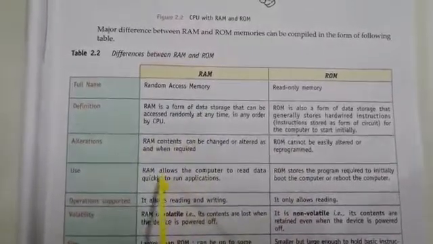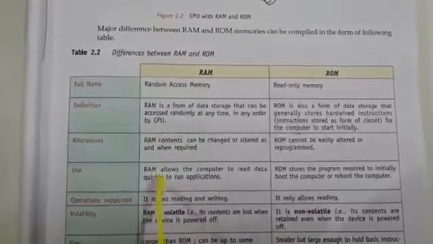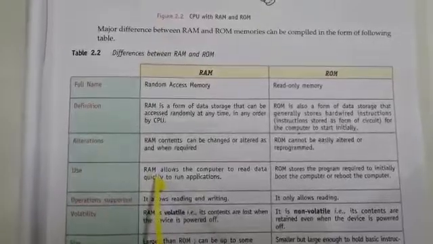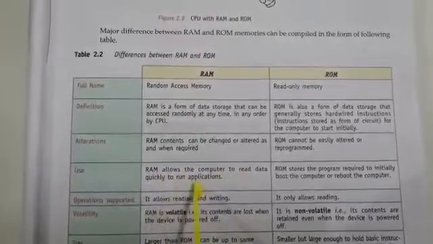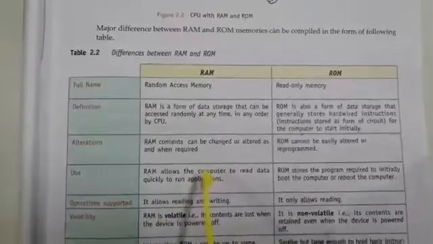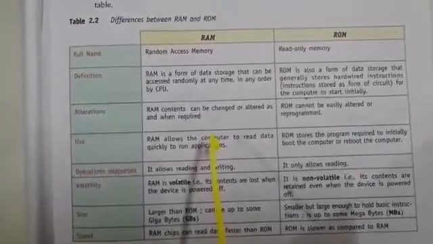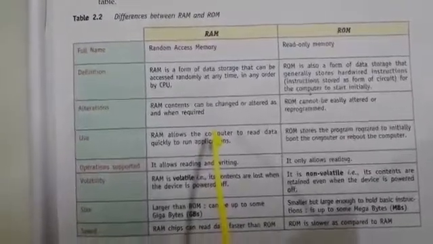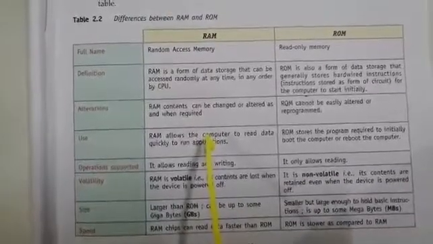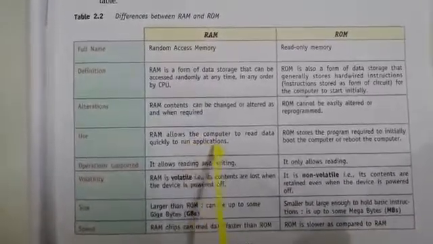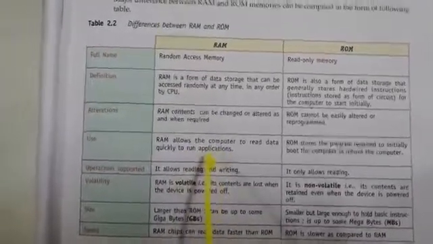Then, RAM allows the computer to read data quickly to run applications. As I told you before, first the data is stored inside the RAM. The data of currently running applications is stored in the RAM first, so it allows the computer to read data quickly to run applications.